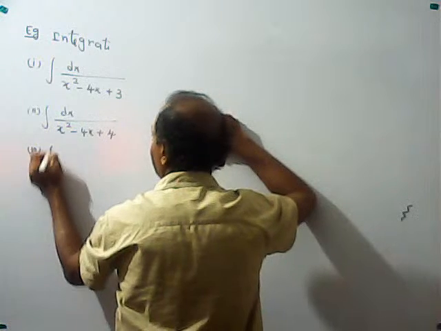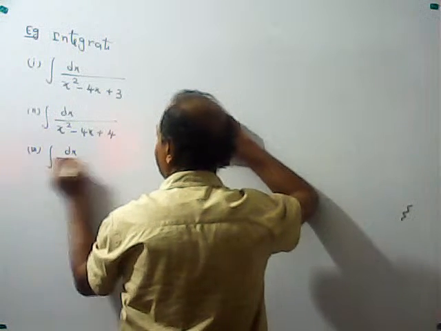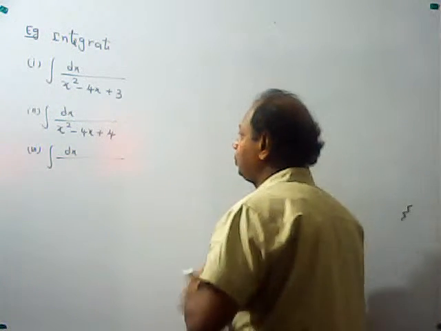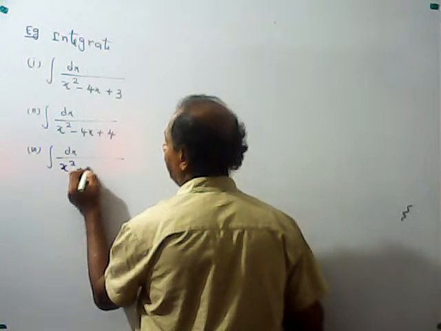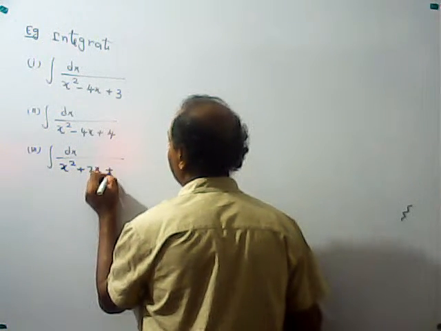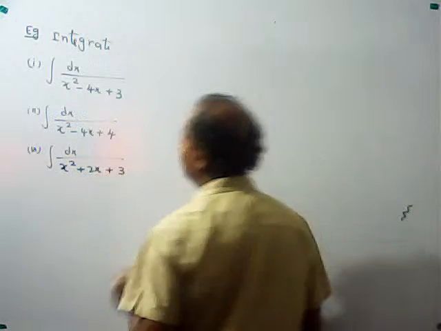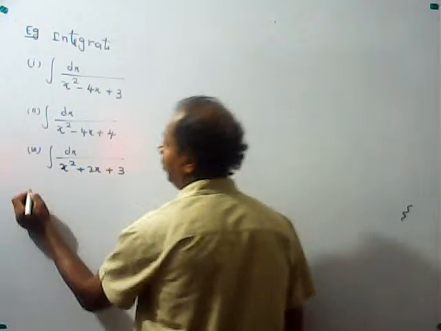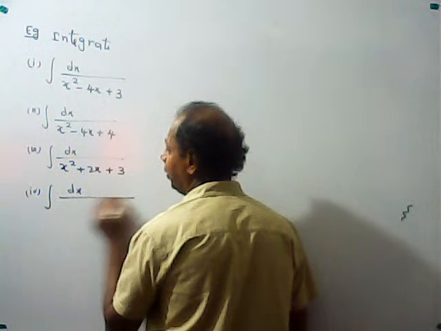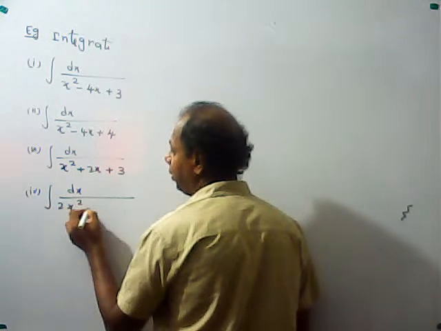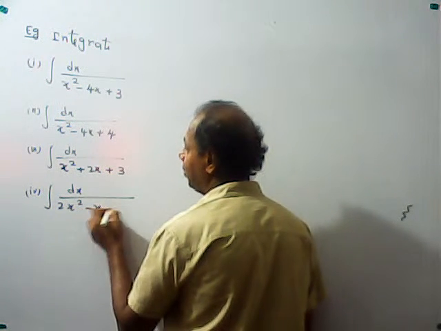Number 3, 1 over x squared plus 2x plus 3. Number 4, 1 over 2x squared minus 6x minus 3.